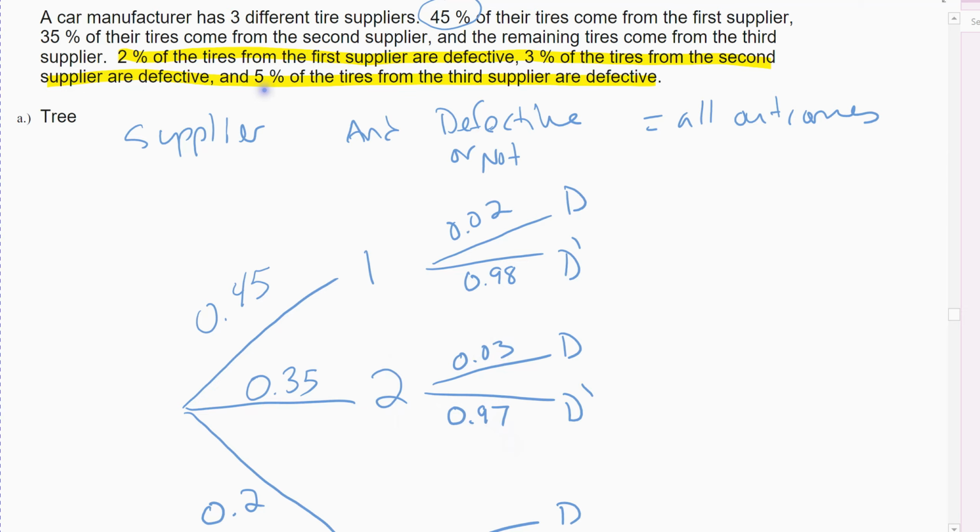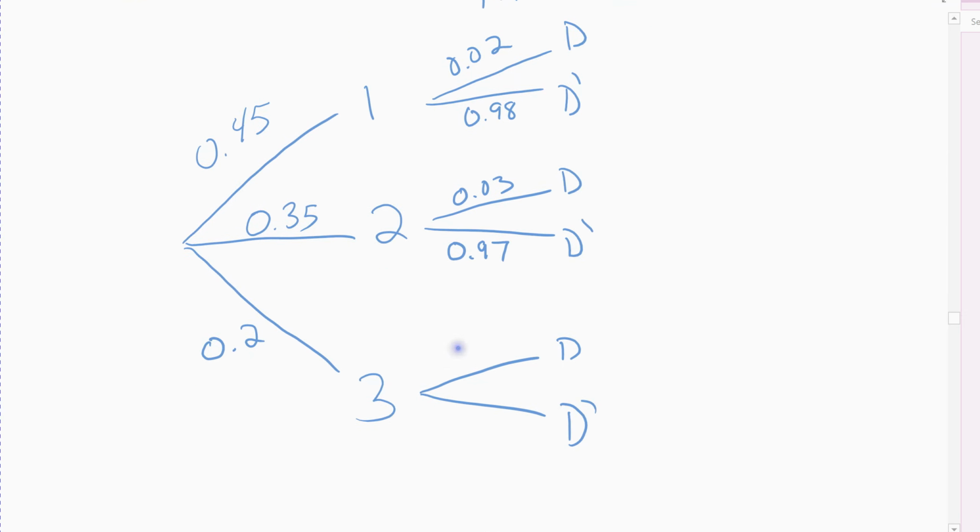And then the last guy, 5%, so he is the worst one. 5% of his come out defective, which means 95% don't. 95% chance they're okay. And those are all my conditions, given I'm a certain supplier. I'm assuming that the third guy must give cheaper ones.